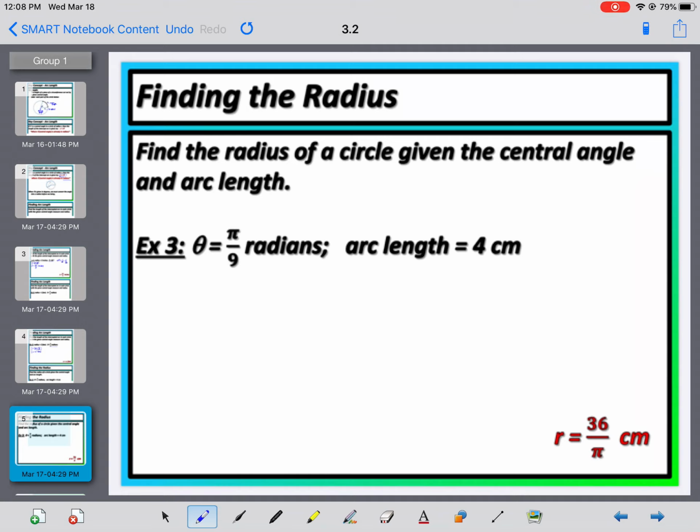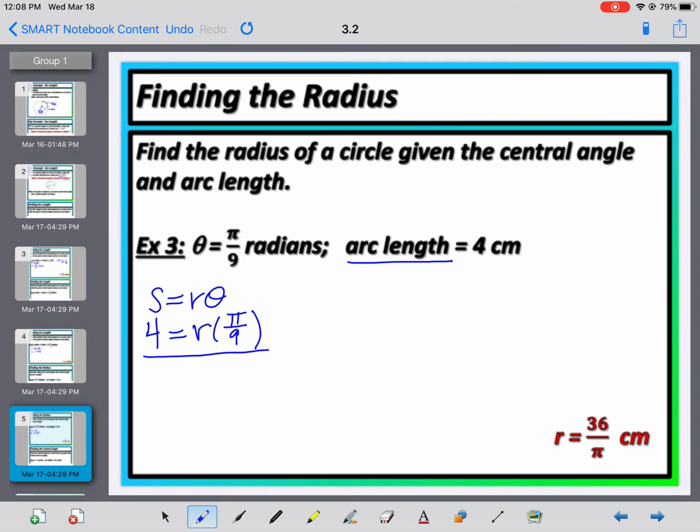All right, example 3 now, you're being given the arc length. So we know that we're going to have to use our arc length formula, but now instead of solving for S, we're plugging 4 in for that value. They're not giving us a radius, but they are giving us a theta, already measured in radians. So we can plug that in.